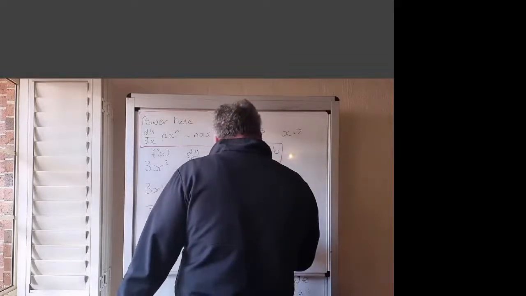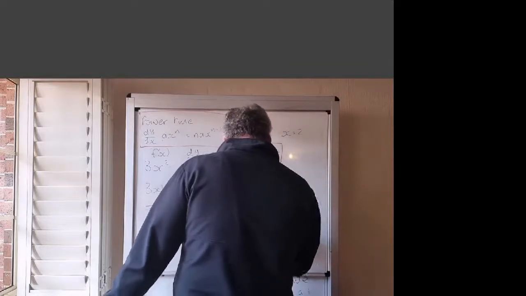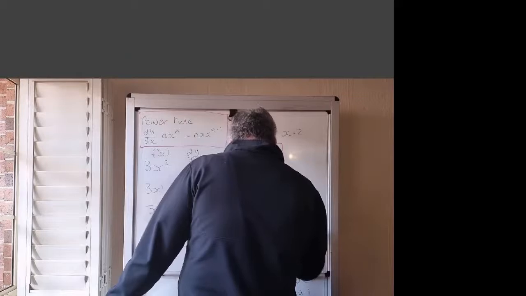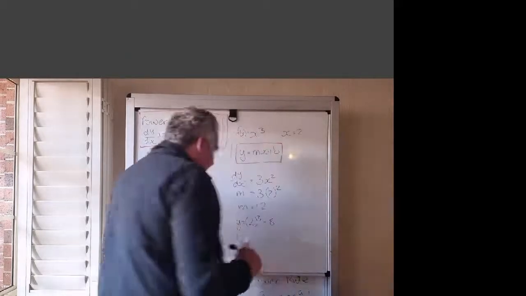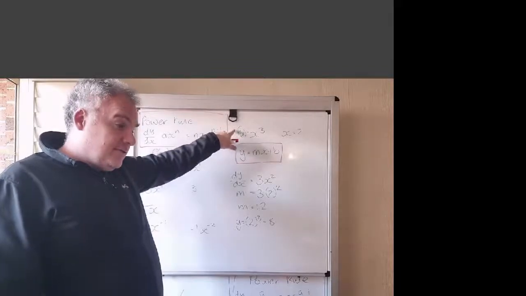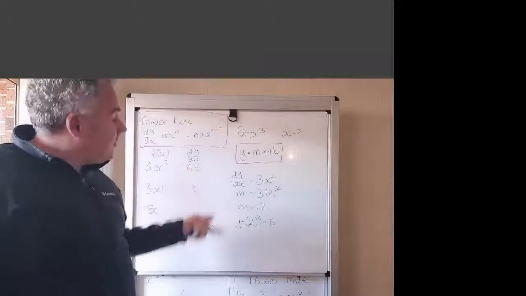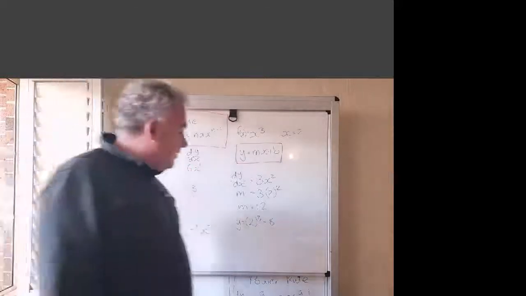If x equals 2, 2 cubed is 8. So y equals 2 cubed, which equals 8. I just got that because this is our function. Cube it, you get your y. So when x is 2, y is 2 cubed, which is 8.